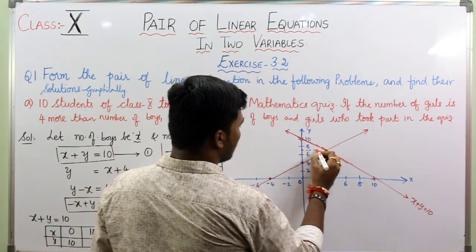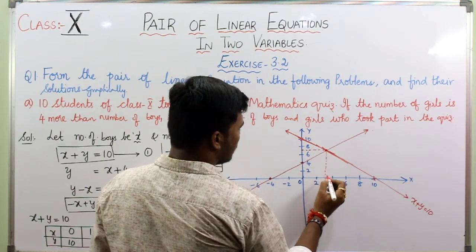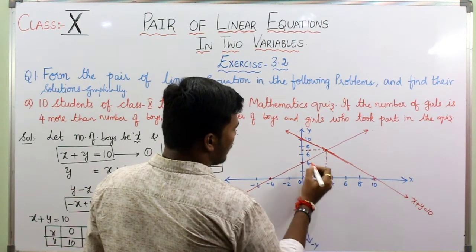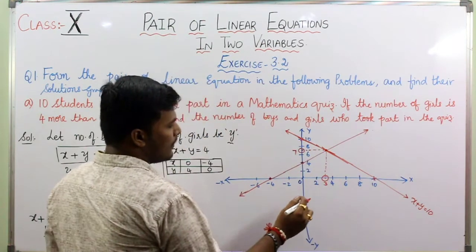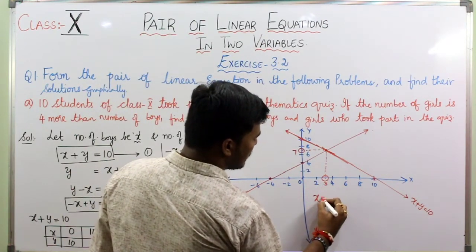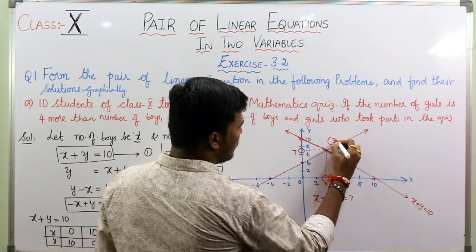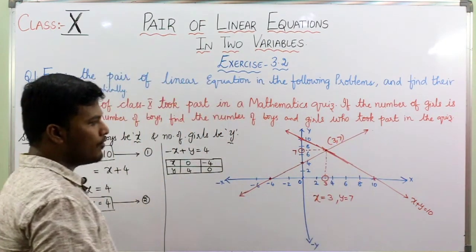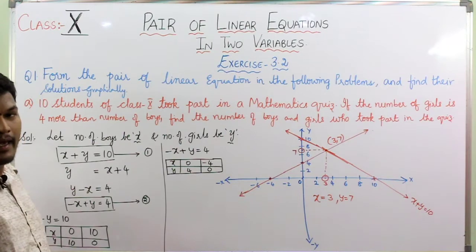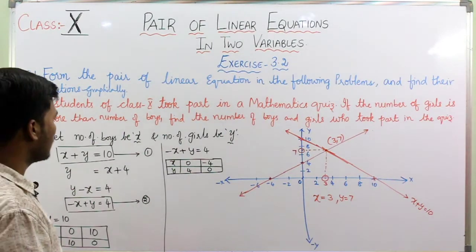That is nothing but, see here, this is 3 and this is 7. So on the x-axis it is 3, and on the y-axis it is 7. So the solution will be what? 3, 7. So what are these? x is nothing but the number of boys.